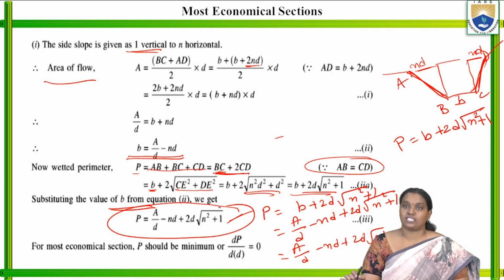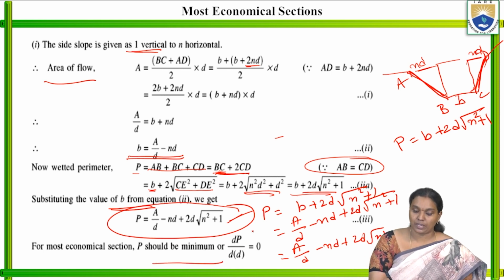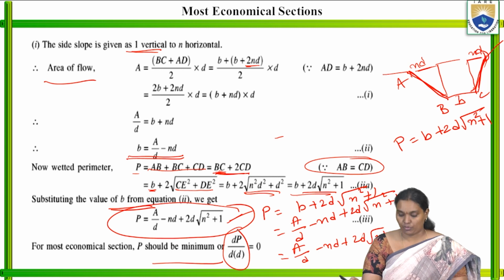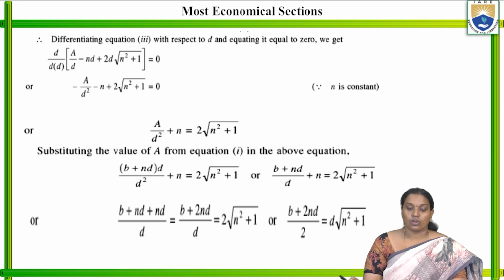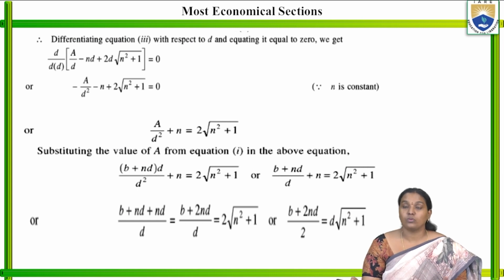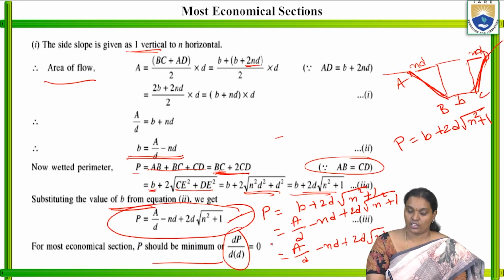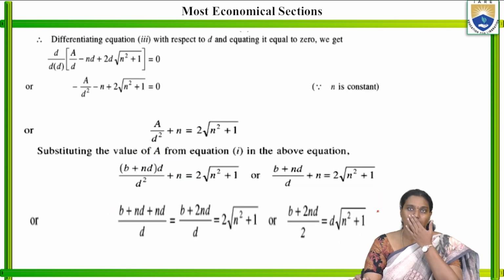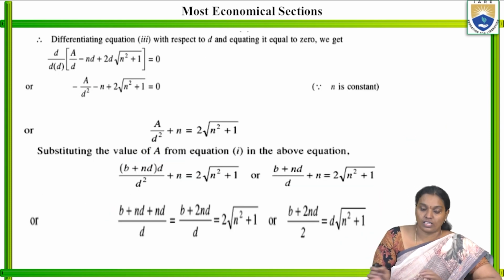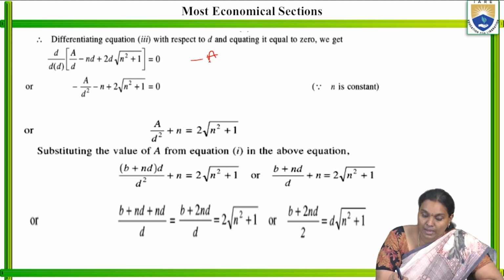For most economical channel section, P should be minimum. It means differentiate with respect to depth of the flow is equal to 0. That is the condition. So differentiate the wetted perimeter, equation 3, with respect to D. Now the differentiation: minus A by D square minus n plus 2 into root n square plus 1 is equal to 0.